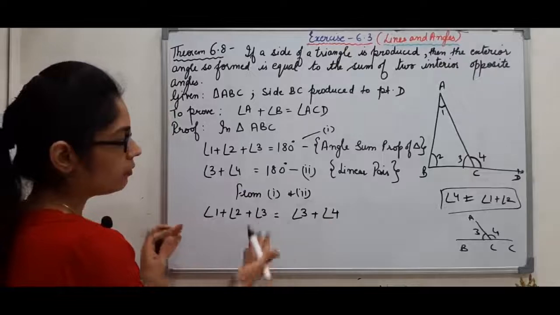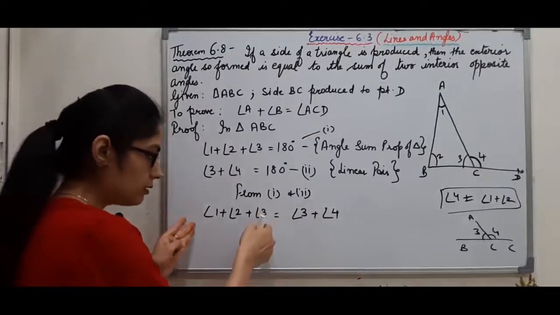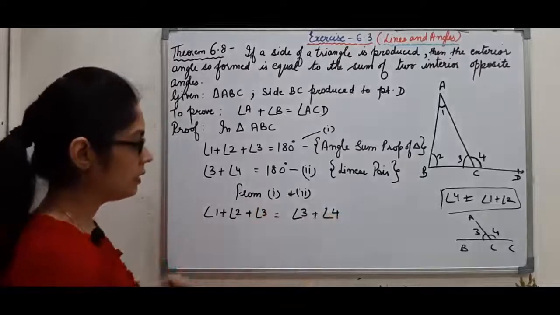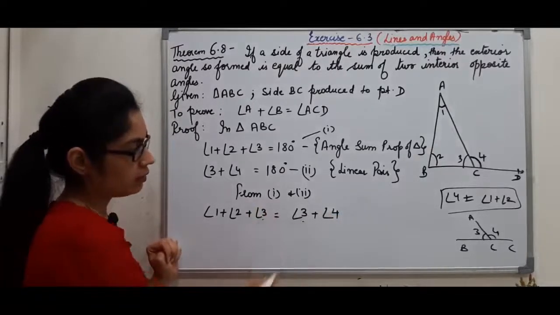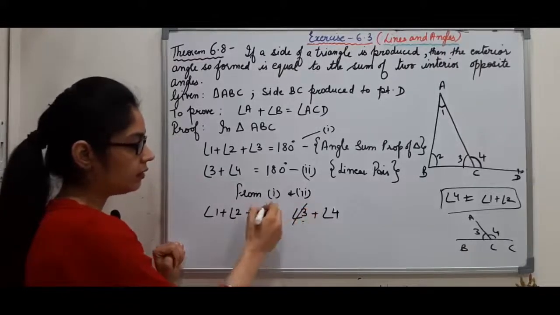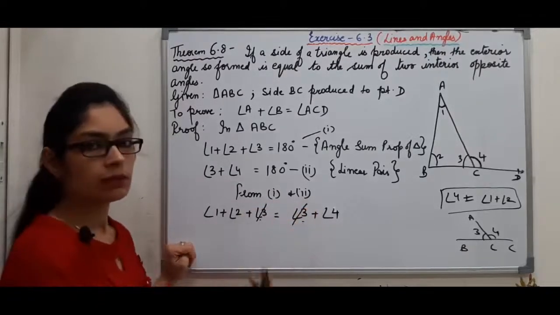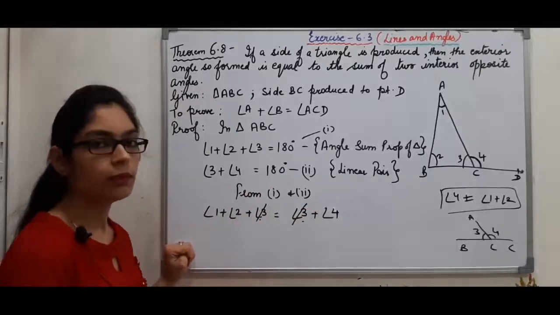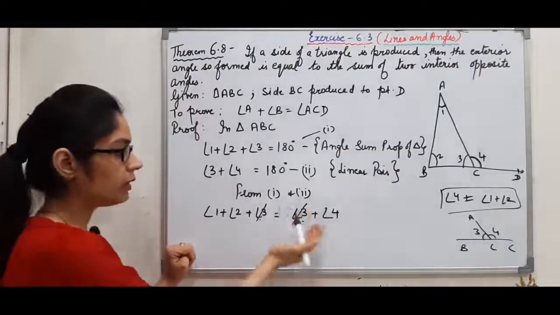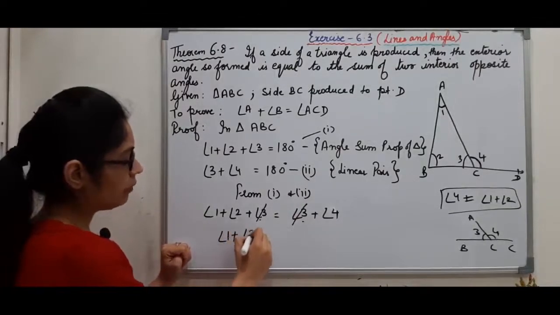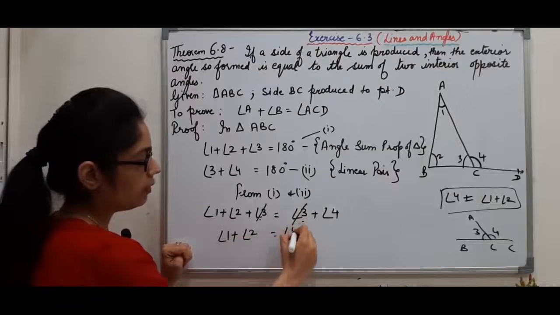So instead of writing 180 degrees, I have written these three angles, their sum is equal to the sum of these two angles. Now angle 3 is there on both sides. So the same thing will get cancelled if it is present with the same sign on both sides of the equation. So angle 3 we can cancel directly, and after cancellation we will get angle 1 plus angle 2 is equal to angle 4.